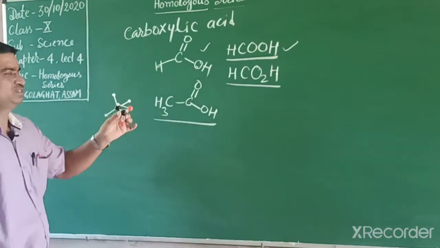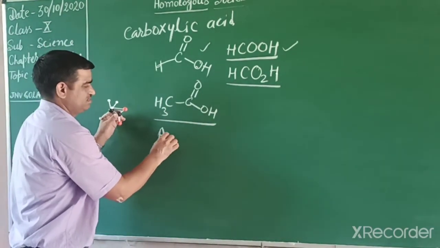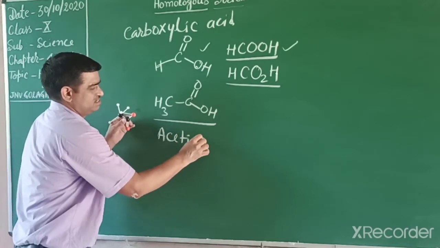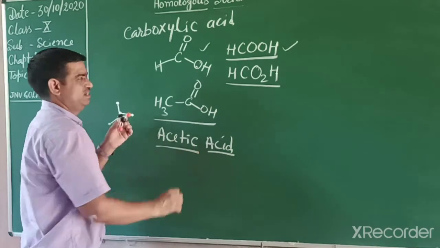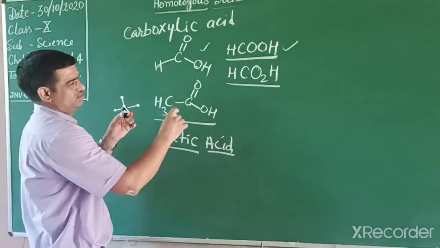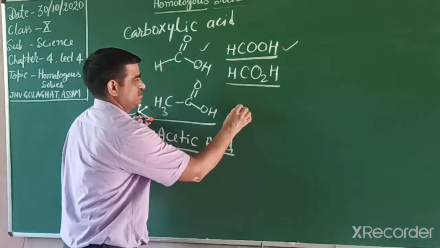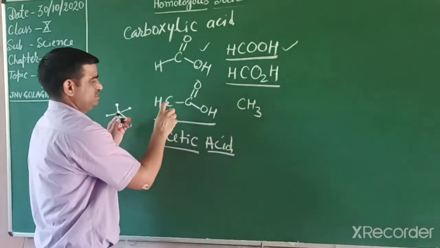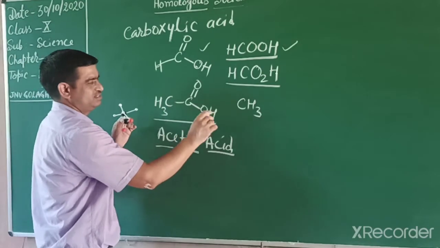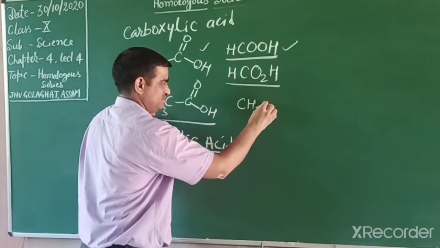This common name, this compound is acetic acid. Acetic acid has a vinegar-like smell, and the IUPAC name we will study after that, and its molecular formula is also written in books like this. CH3 you can write as H3C or CH3, no problem, both sides.